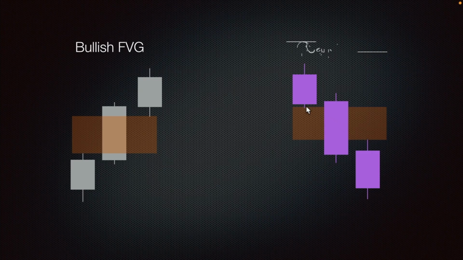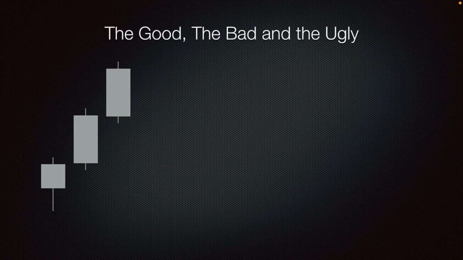And this, my friends, is your bearish fair value gap. They're very basic three-bar patterns, very simple to mark out. Practice looking for them on the chart, mark them out, and happy charting.